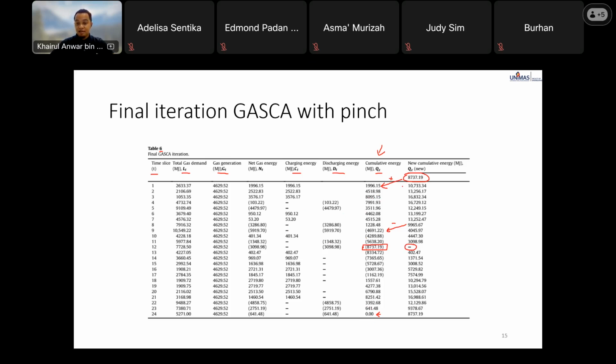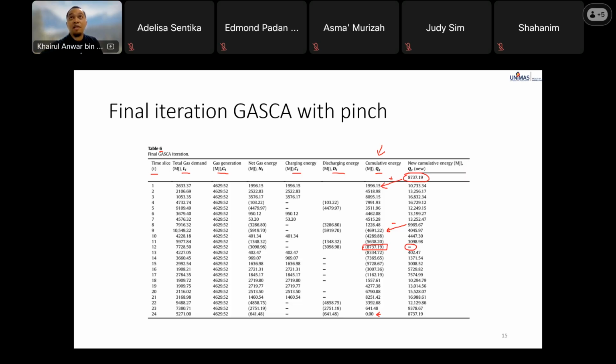Next is the new cumulative energy. For the new cumulative energy, 737 is coming from the cumulative energy QT based on the largest negative value, which is normally how we do it.